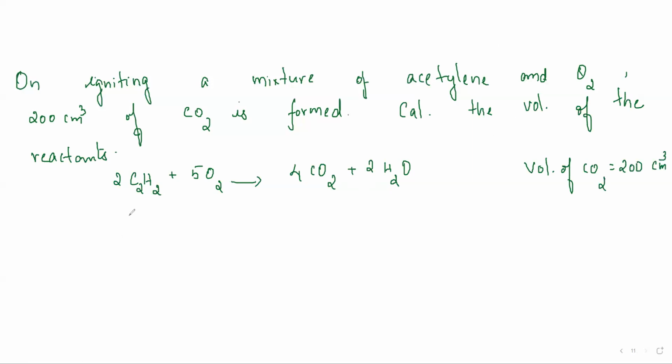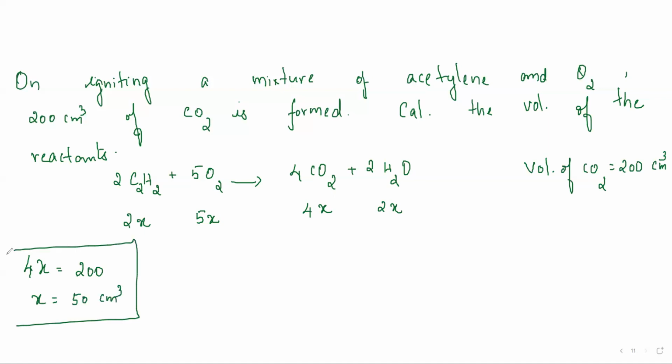According to Gay-Lussac's law, the reaction here is in the ratio 2x plus 5x gives you 4x and 2x. So 2x volume of acetylene reacts with 5x volume of oxygen to give you 4x volume of carbon dioxide and 2x volume of water.